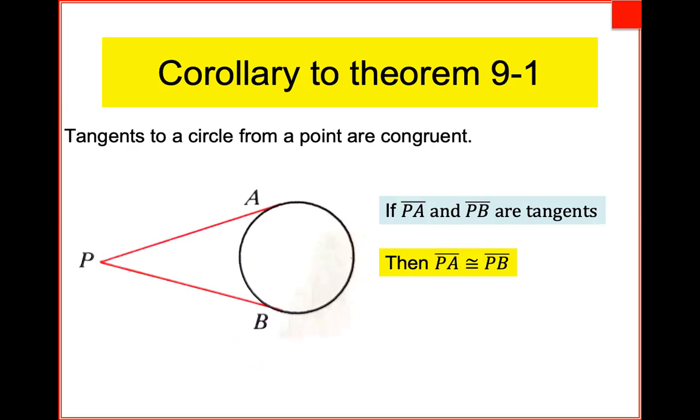From that common point to the points of tangency, PA and PB are congruent. It doesn't matter where point P is. It can be anywhere outside the circle. If you have 2 tangents that go through point P, then from that point of intersection P to the points of tangency, those parts are congruent.